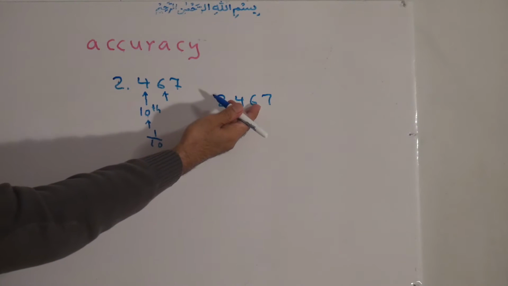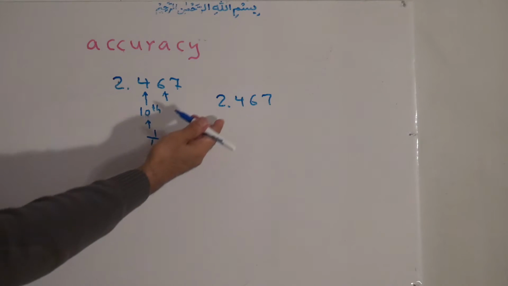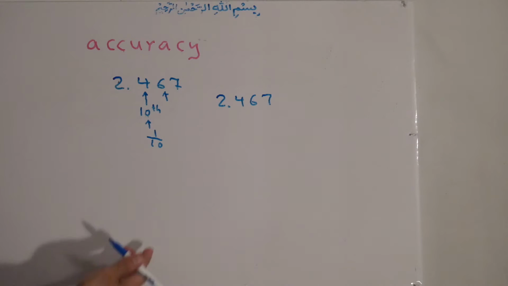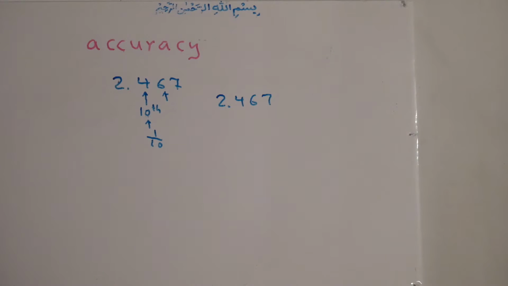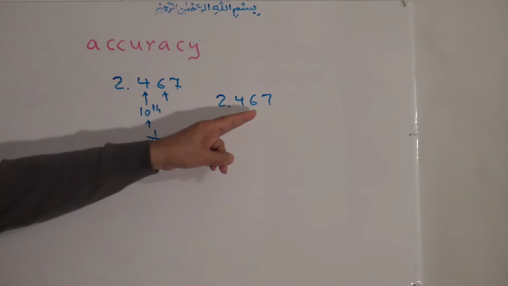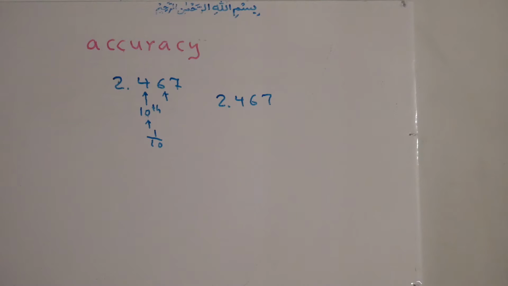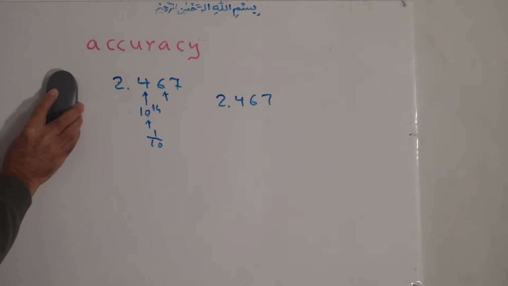So 1 digit accuracy, 2 decimal point accuracy, 3 decimal point accuracy, or 1/10, 100, 1000. In regular daily affairs, just 1 or 2 decimal places are enough. But for some precise things, like in engineering or science problems, we have 3, 4, 5 digits of accuracy.